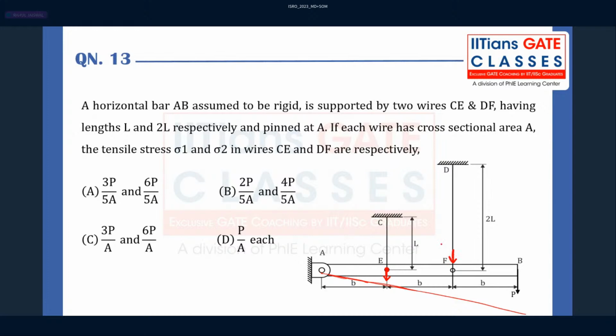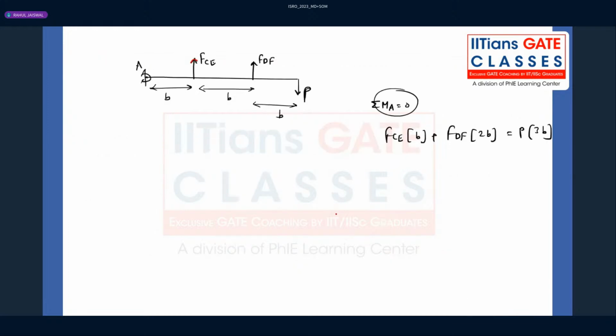The reaction force is offered by the wire onto the rod in the opposite direction. So we are drawing the free body diagram of the horizontal bar AB, not of the wires.